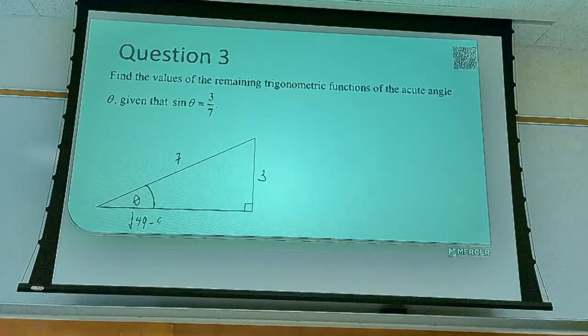What's 3 squared? 9. It does simplify. 40 is 2 cubed times 5, right? Oh, there's a perfect square in there. 2 squared.